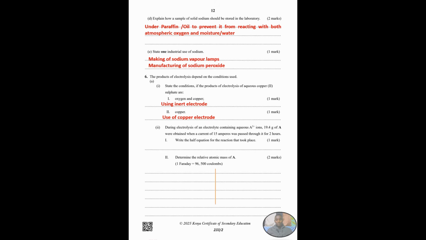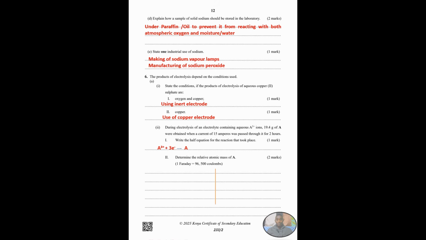This is a reaction that takes place at the cathode of the cell. The ions of A gain electrons and there will be deposition of a solid of A at the cathode. So in this case, we have A3+, that is A ions with a charge of 3 positive, plus 3 electrons, to obtain a solid.